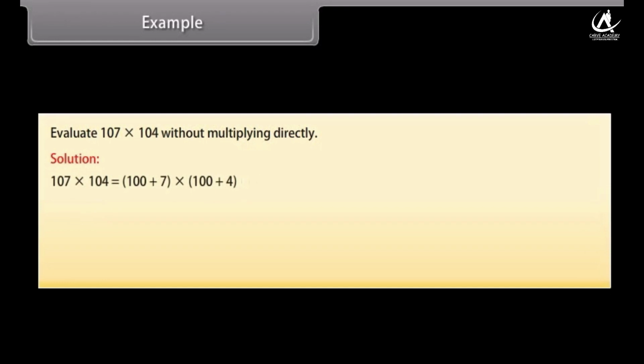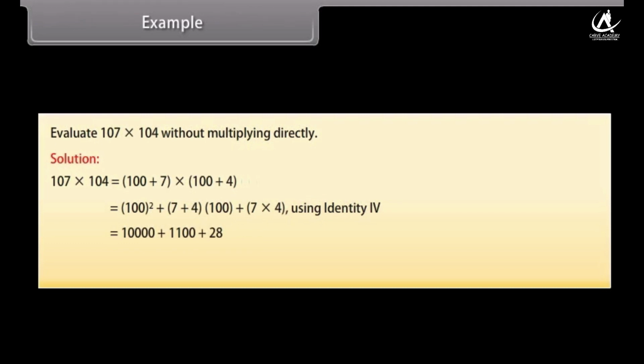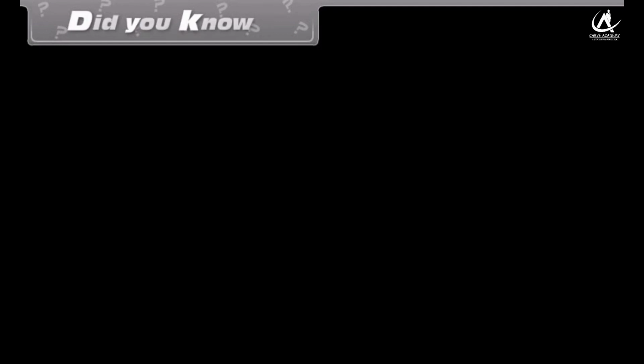Solution. 107 x 104 = (100 + 7)(100 + 4) = 100^2 + (7 + 4) x 100 + 7 x 4, using identity 4, which equals 10,000 + 1,100 + 28, which is equal to 11,128.